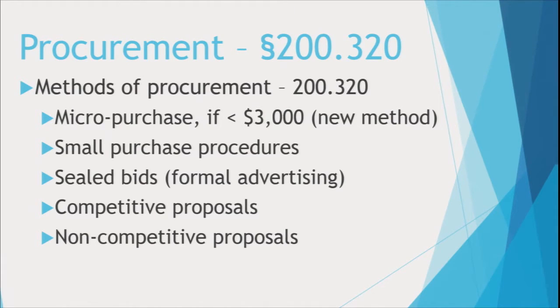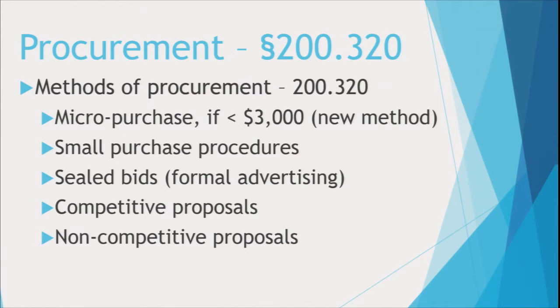Lastly are non-competitive proposals. This is the solicitation of a proposal from only one source, and it may only be used when one or more of the following apply. Either the item is available only from a single source, and/or it's a public necessity or emergency for the requirement to purchase that will not permit a delay resulting from competitive solicitation, which is often a lengthy process.